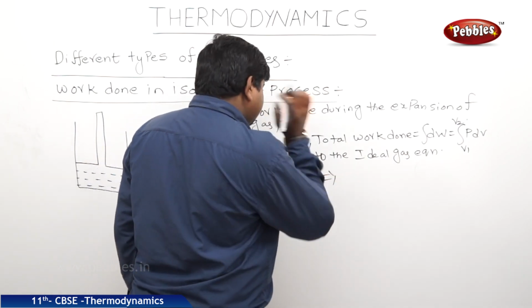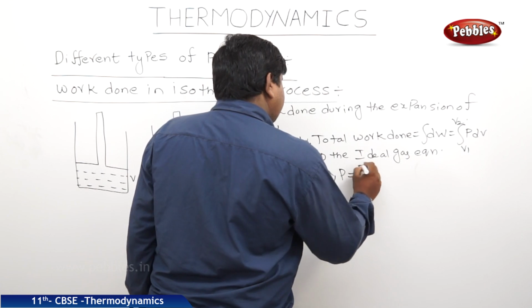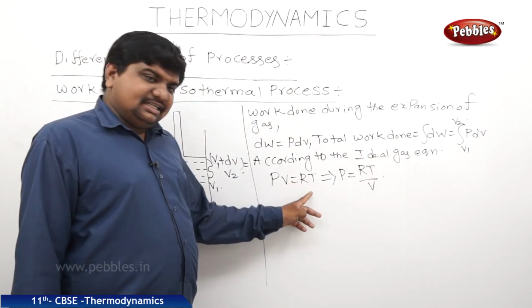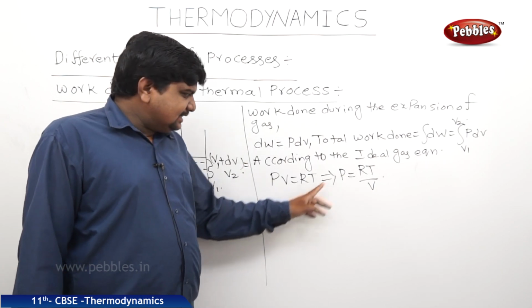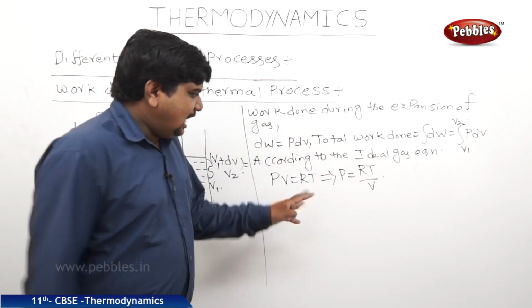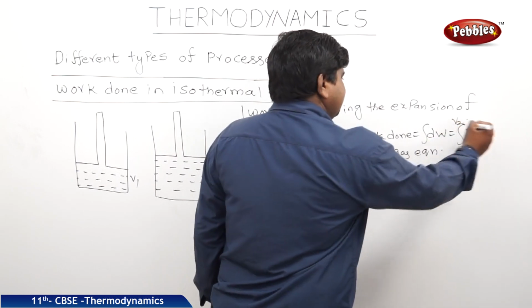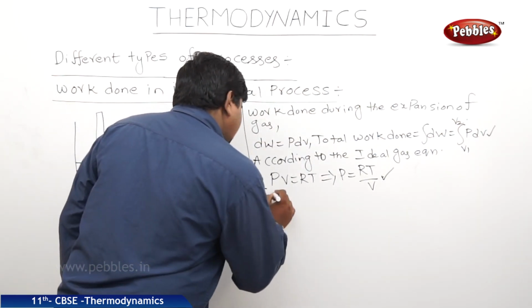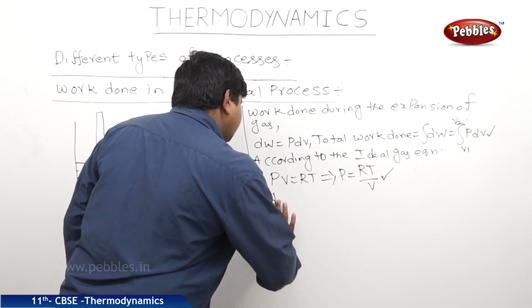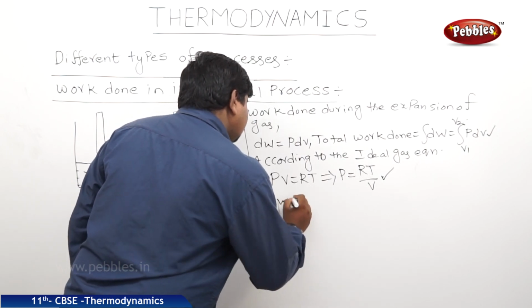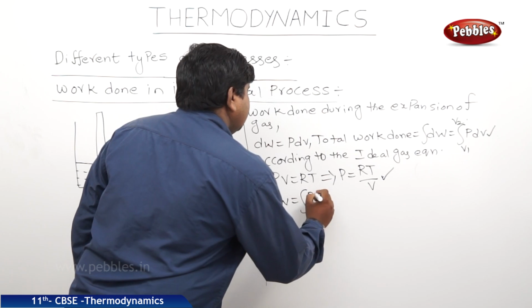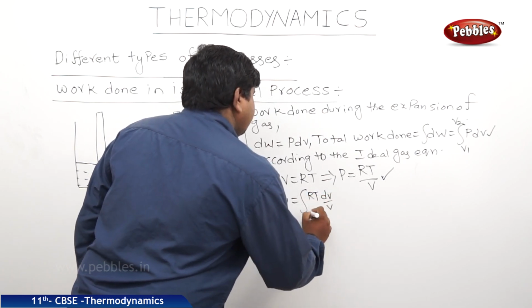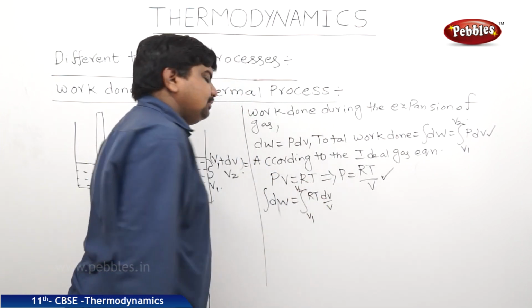This refers to P is equal to RT by V. From this, PV is equal to RT for 1 mole of the ideal gas, P is equal to RT by V. I am substituting this P value from this equation to this equation. Therefore, integral dW is equal to integral RT into dV by V from the limits V1 to V2.